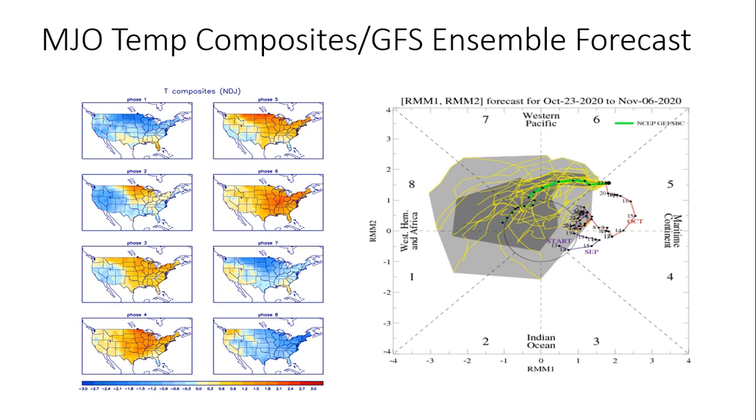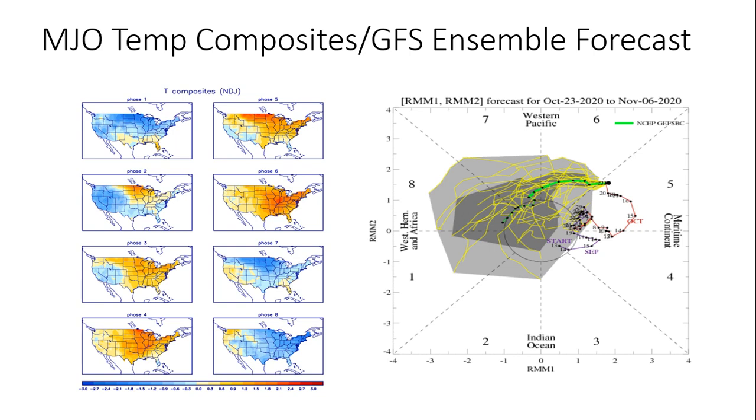The orangish shadings indicate above normal temperatures, and the blue shadings indicate below normal temperatures. So you'll notice on this particular temperature composite, the correlation of the MJO phases, that phases 7, 8, 1 generally indicate cooler temperatures for the blue shading there, phases 8, 1, and 2, fairly cool temperatures for a good portion of the United States for the months of November, December, and January.